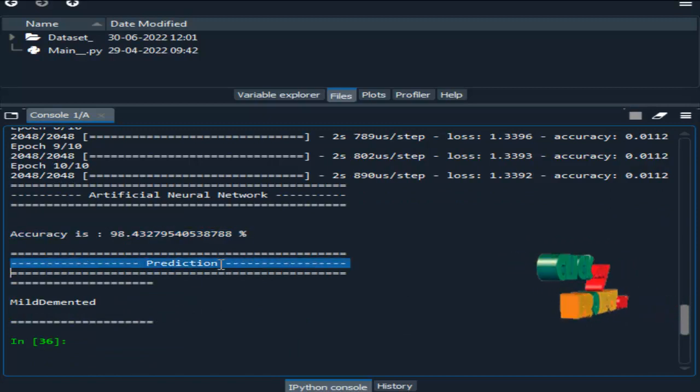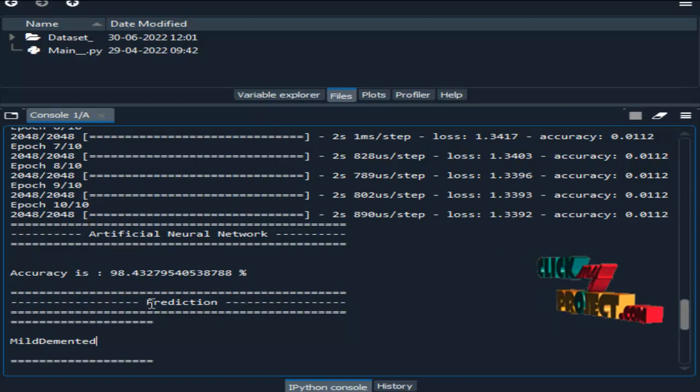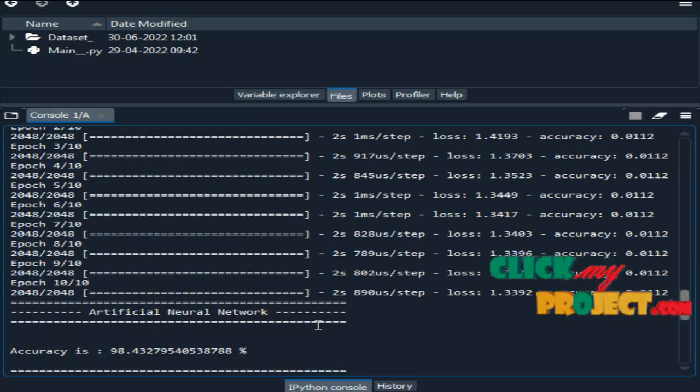Then prediction. Under prediction, the input image might be demented. Based on the input image which we selected from our dataset, the prediction is made according to that input image. So this is the output of our project.